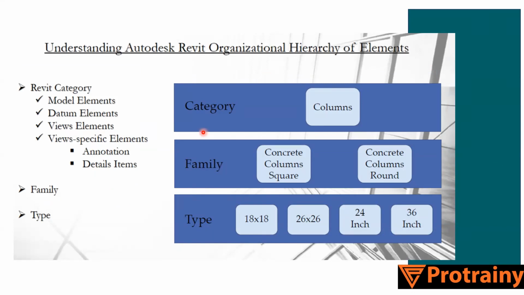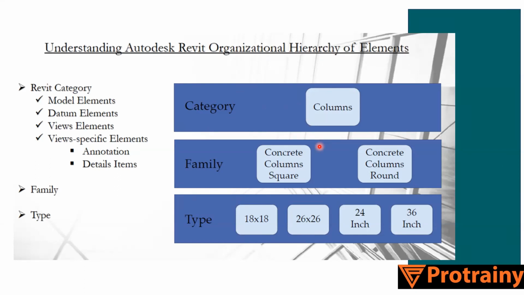Starting with the category, which means the number of elements, the type of element, I would say, maybe column, roof, beams, flooring, for example, maybe furniture, table, chair, anything can be part of a category. Then there is a subdivision called family. In the same column, for example, the column can be concrete, round, square, rectangular, any kind of column.